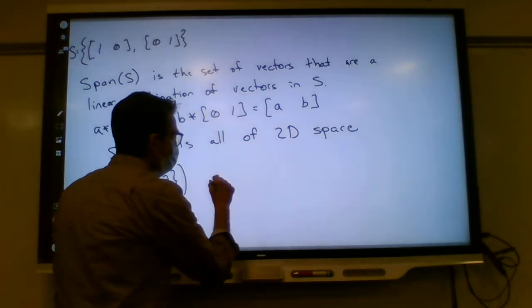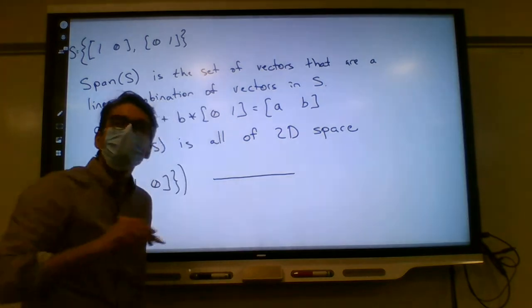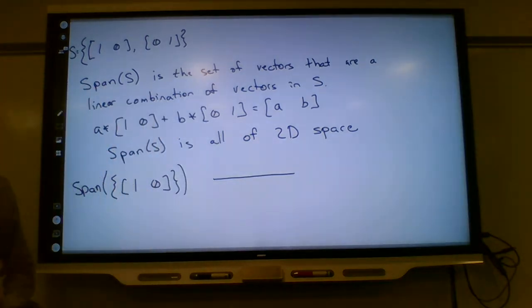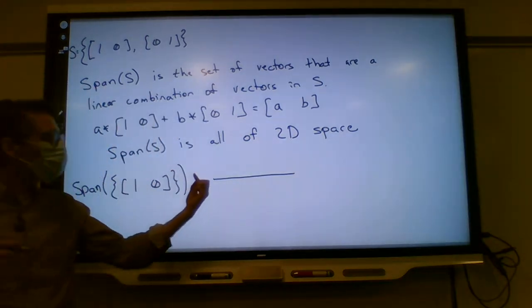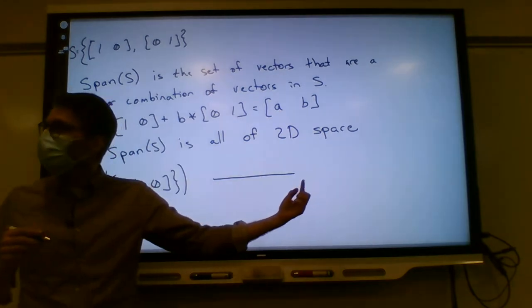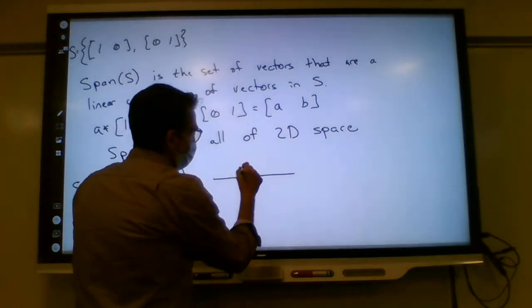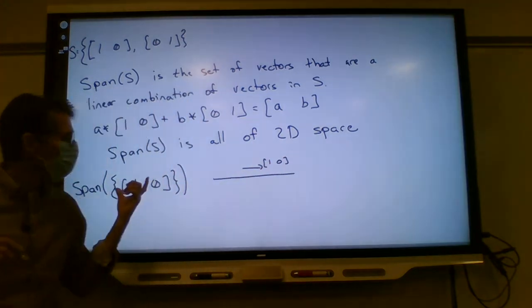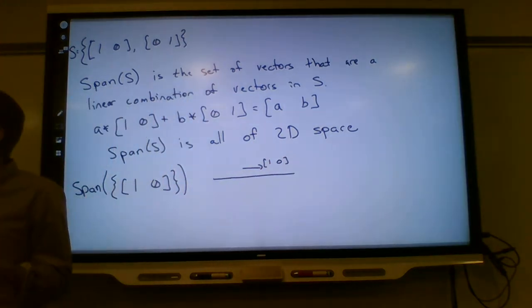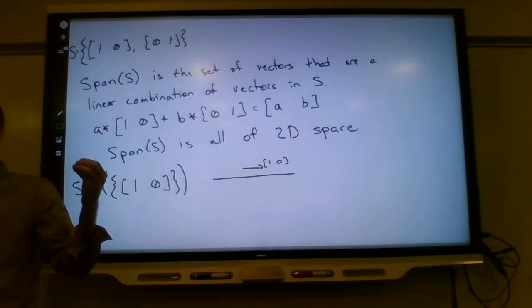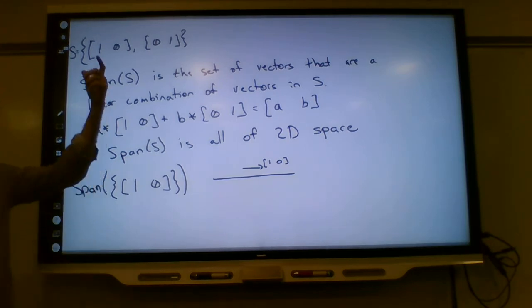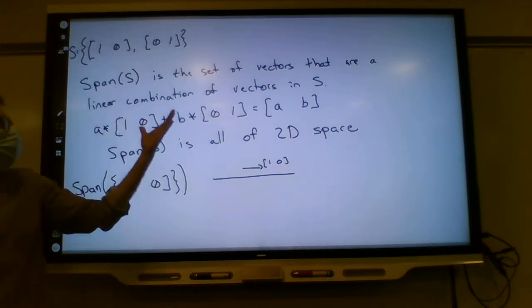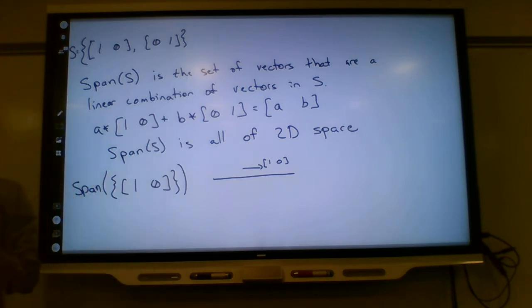We can construct the x-axis, right? So with this one vector, we can only construct the x-axis. The one vector was this one. So the span is limited. It's not all of two-dimensional space. It's just a single line. With these two together, we can construct all of two-dimensional space with this linear combination.